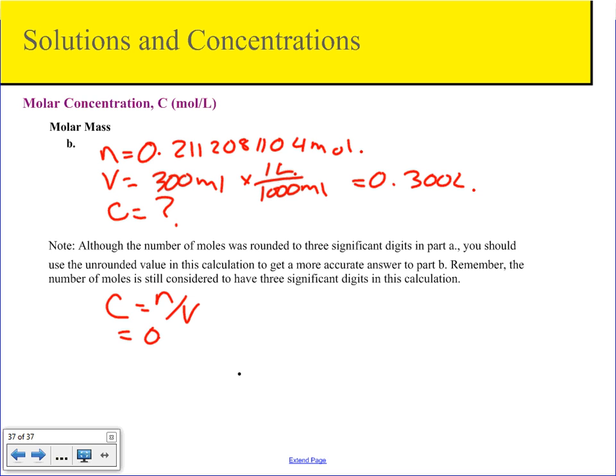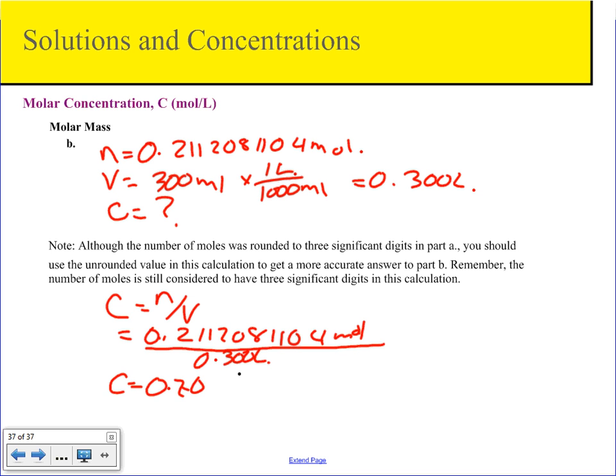So this becomes 0.211281104 moles all over 0.300 liters, which gives me a concentration of 0.704 moles per liter. Right there, the molar concentration of the sodium sulfate solution is 0.704 moles per liter. There you go.